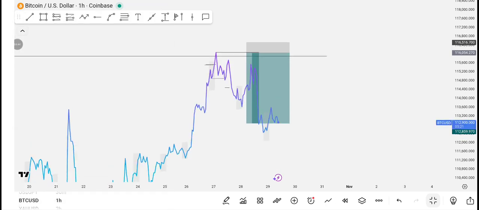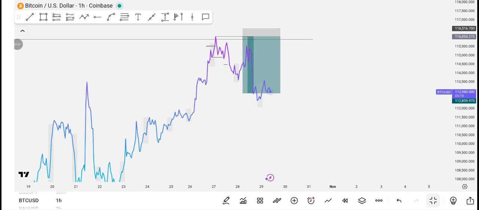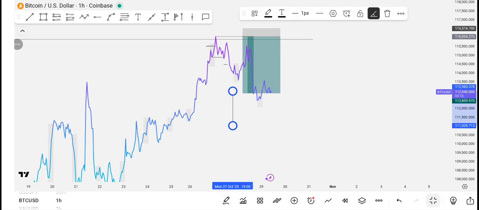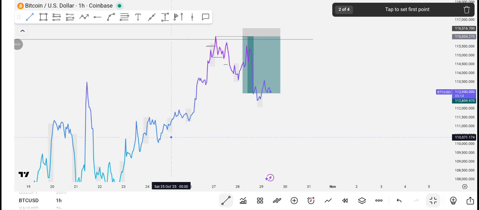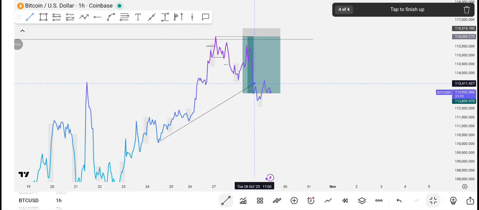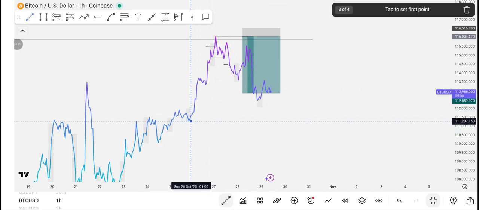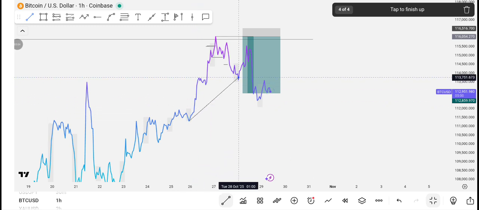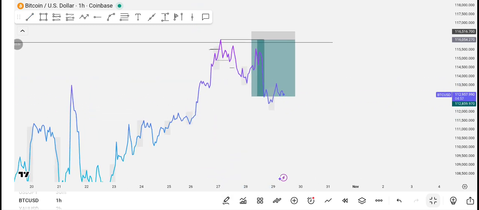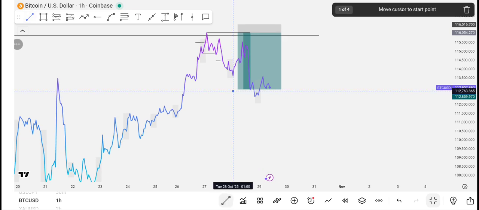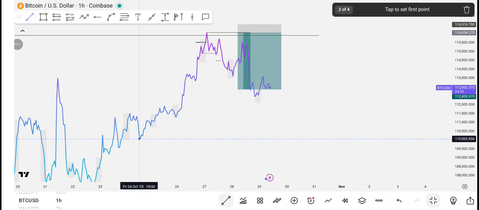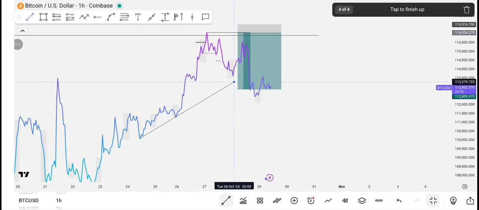So I tried looking for a buy opportunity using my trend line. So it's from here, right? No, not from here. I think it's from here. I can't remember. Okay, I think it's from here.